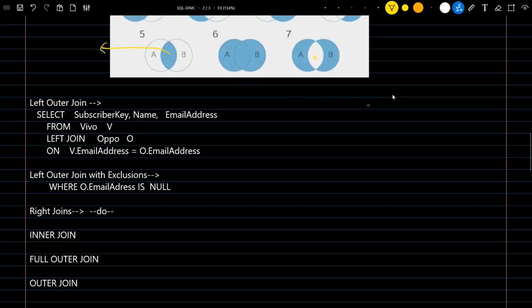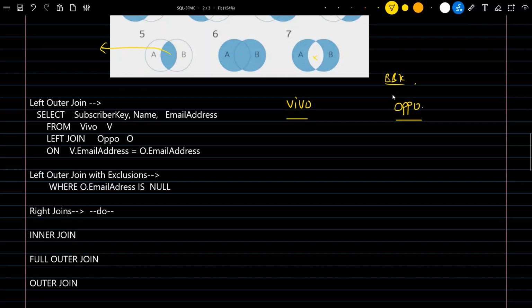Before understanding how to write the query, let us simply understand a practical scenario. Let's say there are two companies, Vivo and Oppo. The parent company, BBK Electronics, wants to have the data of the customers who have interest in both Vivo and Oppo.